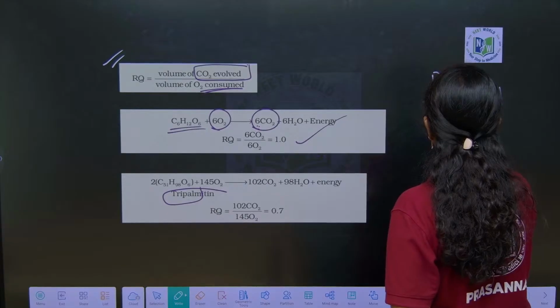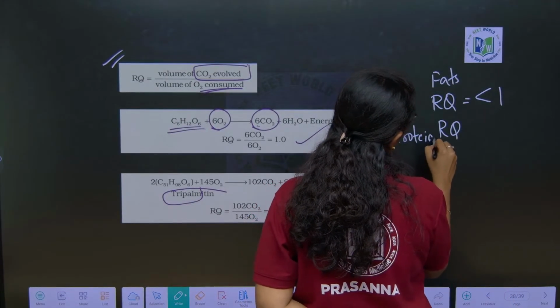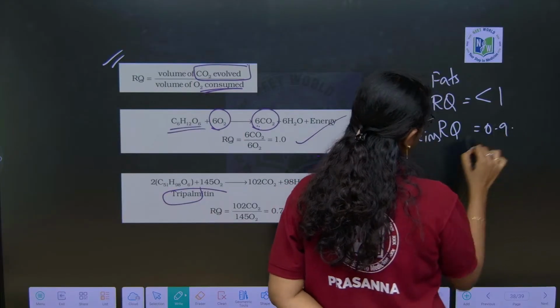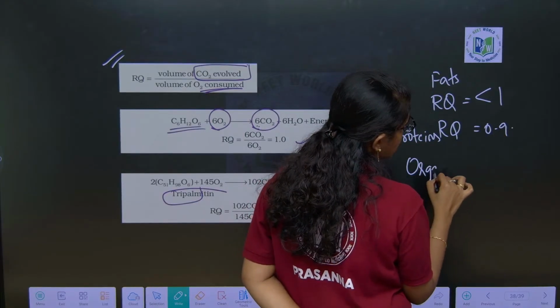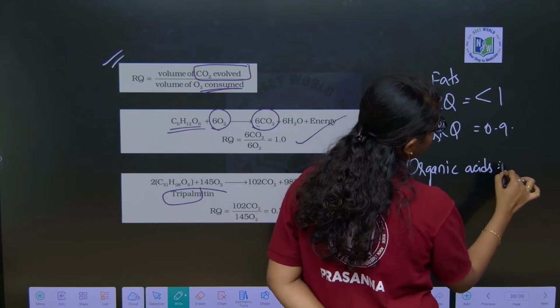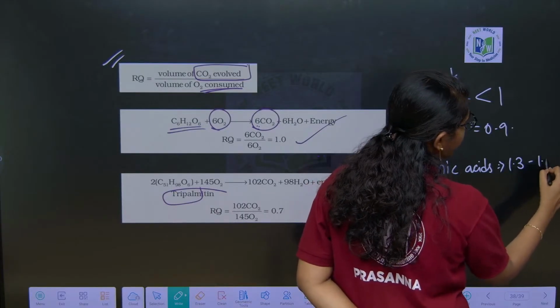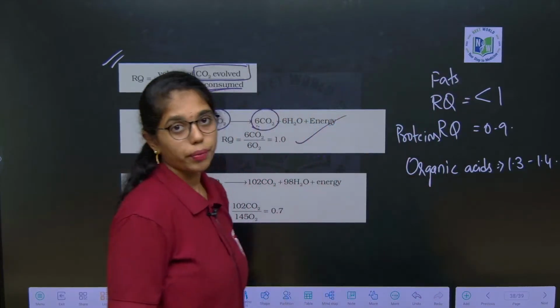For proteins, the RQ value will be around 0.9. For organic acids, the RQ value will be greater than 1, around 1.3 to 1.4. Okay.